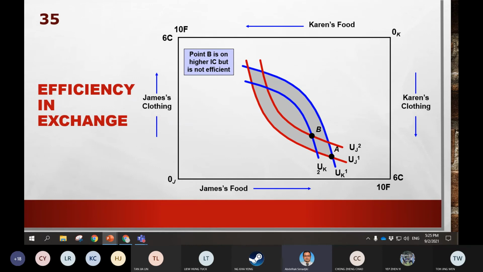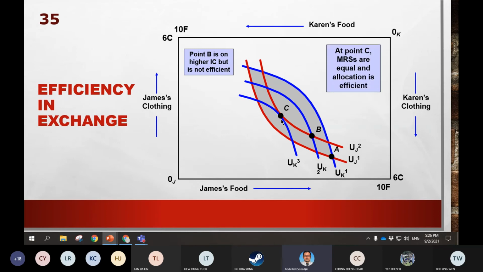Since they intersect, the marginal rate of substitution is not the same. So if they are not the same, we still have room for improvement. Then we say that Karen again changes the indifference curve to UK3, but James stays on the same indifference curve at UJ2.